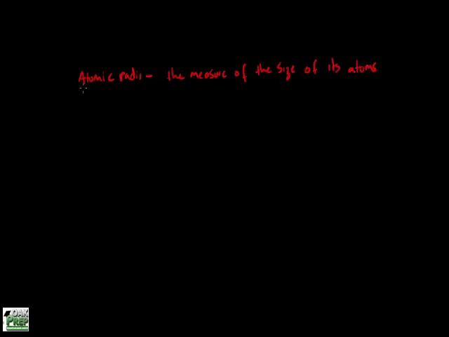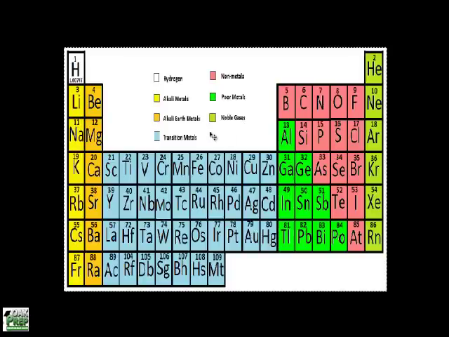So whenever we hear the word atomic radii or atomic radius, we should think the size of the atom. So let's take out the periodic table and see what we can distinguish between these elements.